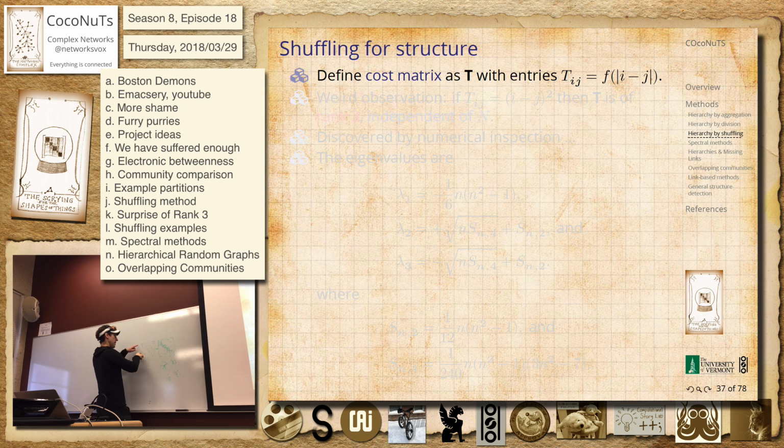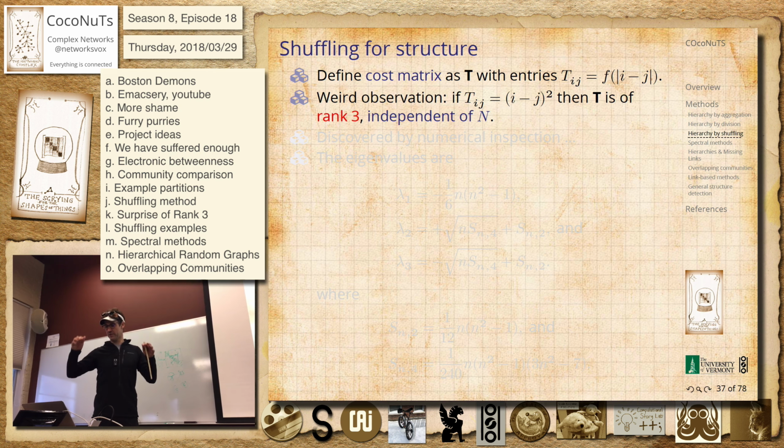So we could say a cost matrix could have these entries. It's going to be some function of the difference between i and j, right? Because i minus j is going to give us how far apart they are here. That's all we need. So that's something we want to penalize with.